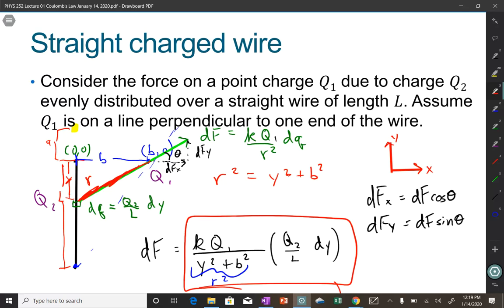So the difference is the position. Is this easier or harder with the position straight above the wire? It's easier because theta is 0, and your force is always in the same direction. You don't have an x component. You only have what I call the y, what your problem will call a z component.